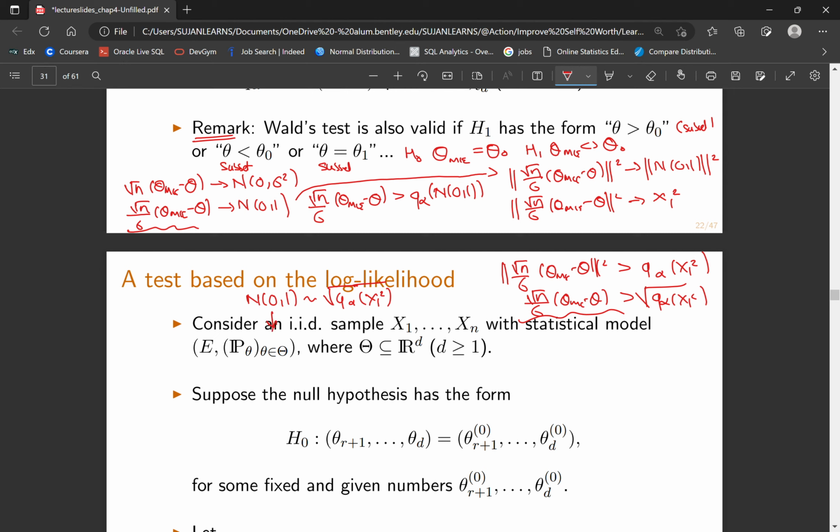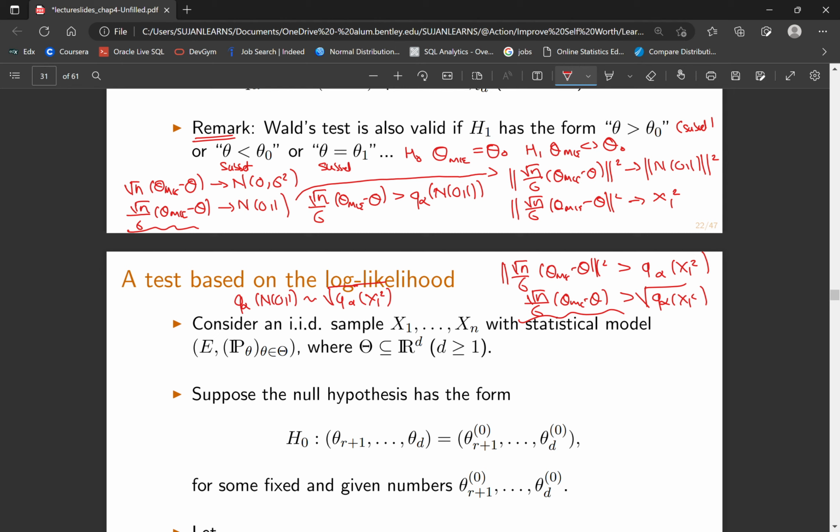Instead of just q alpha, we can further say it should be q alpha of N(0,1). If you do this, then q alpha of the standard normal distribution is very similar to q alpha of the chi-square 1 distribution. Therefore we can convince ourselves that when it is a single Gaussian, we don't need to go to chi-square. We can just use a z-score test to do that.